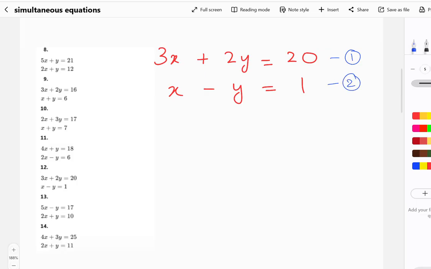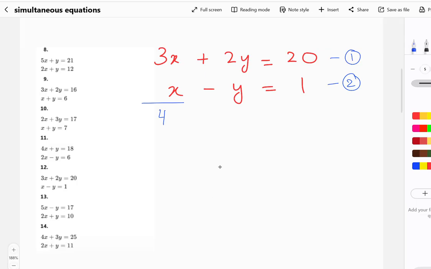Now think, if we add them, 3 plus 1 is going to be 4, and plus 2y plus minus y, it's still going to be minus, so 2 minus 1, sorry, we're talking about the coefficients here, so it's going to be 1.